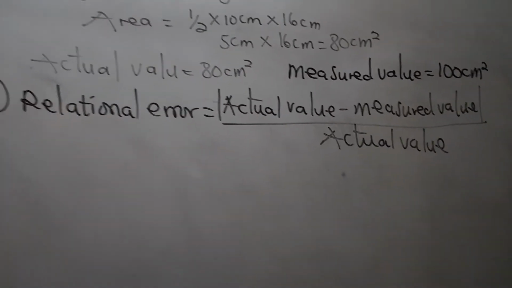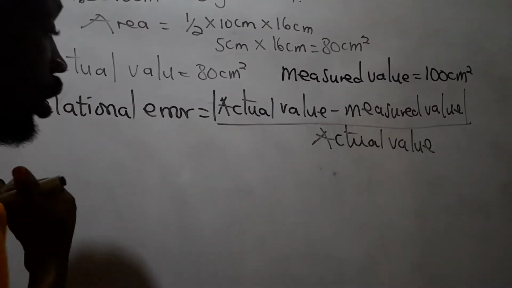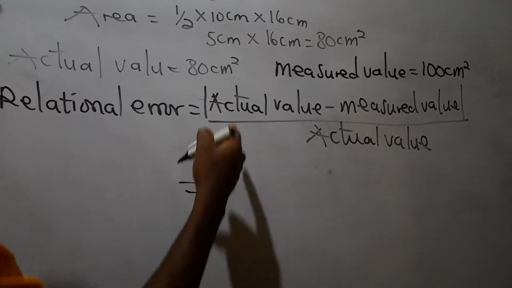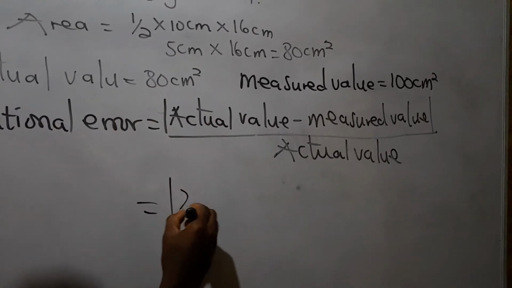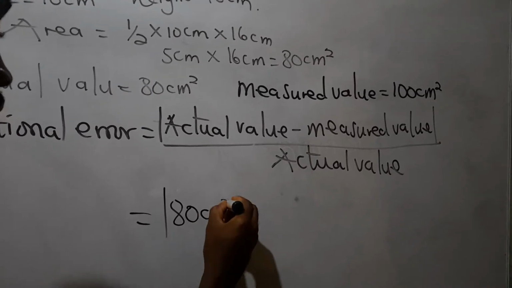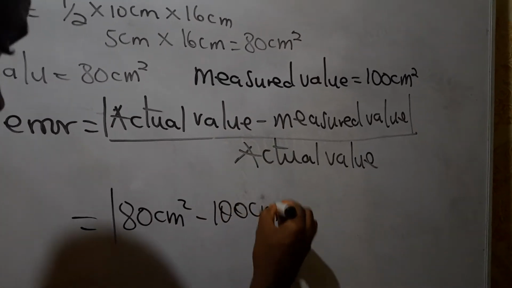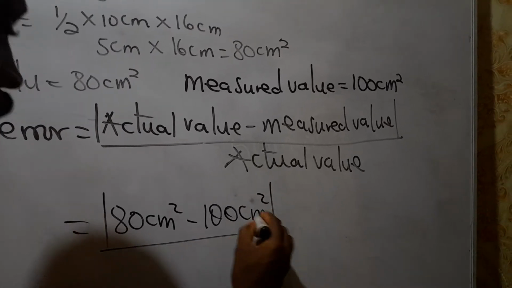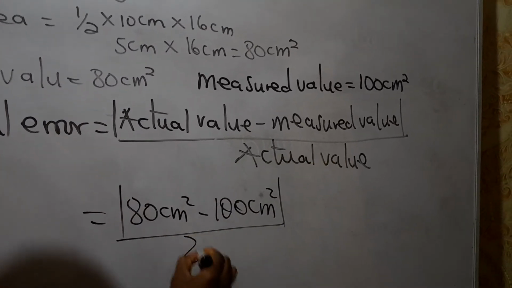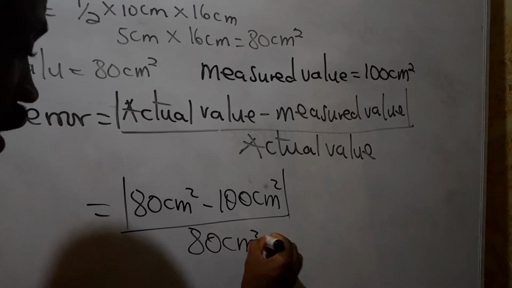So what do we have there? We can say the actual value is 80. So 80 centimeters square minus the measured value, 100 centimeters square, over actual value 80 centimeters square.